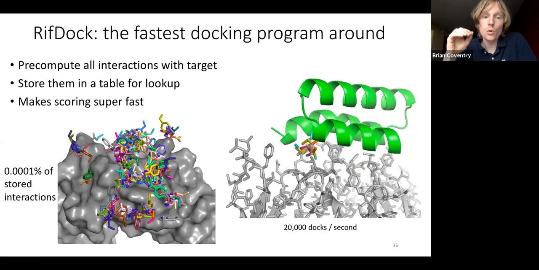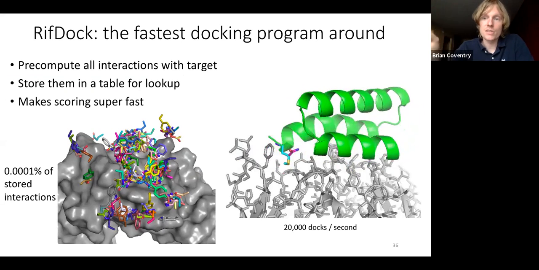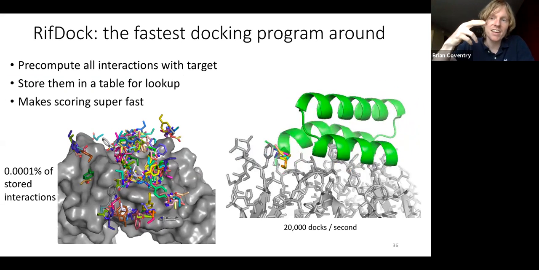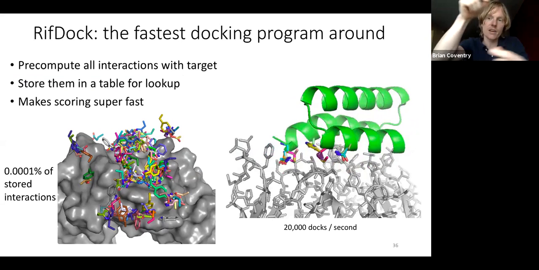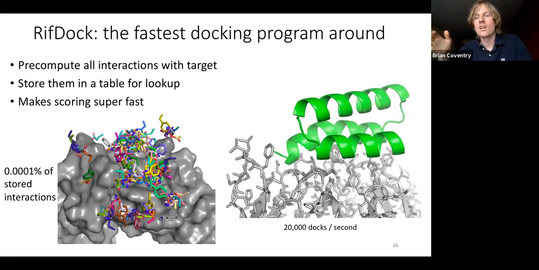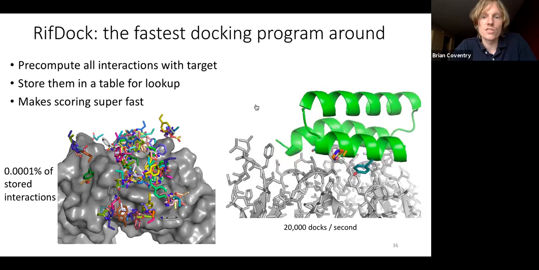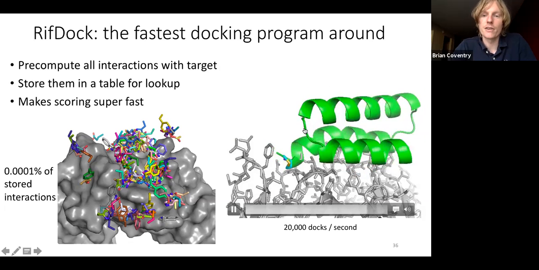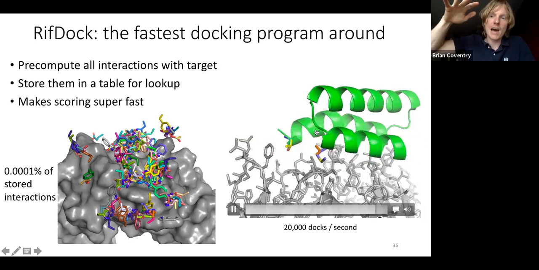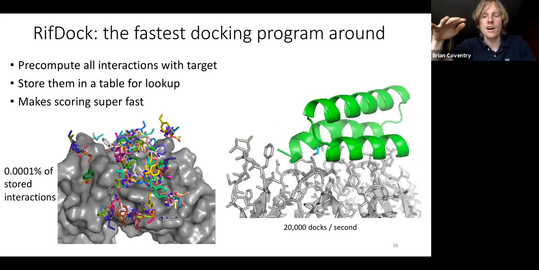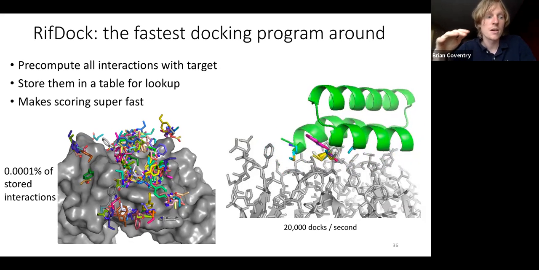That way, scoring is looking up into a table. It's not packing in individual atomic scores. It's just look into a hash table, pull a number out. And so this is how we do the docking with the target. Here's an example: you can put your scaffold into the field, and for any given dock, you can very quickly ask, how good is this dock?